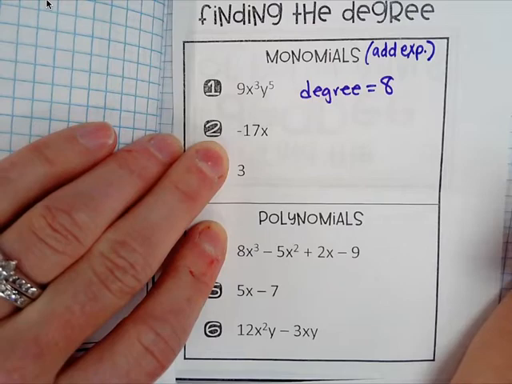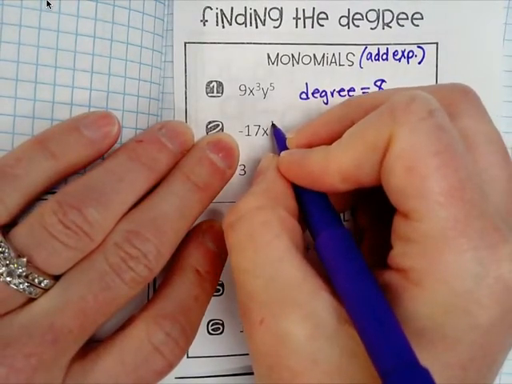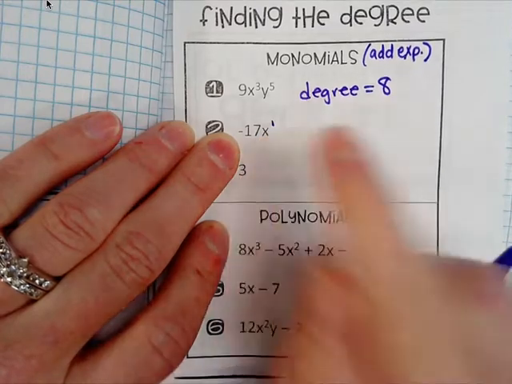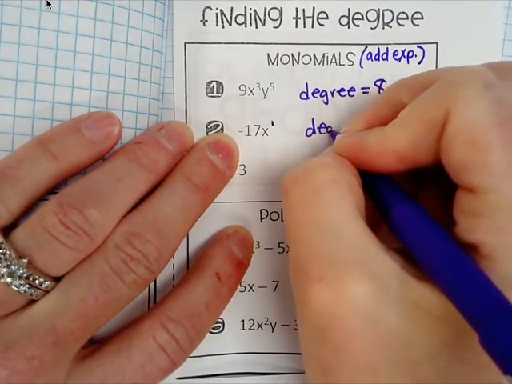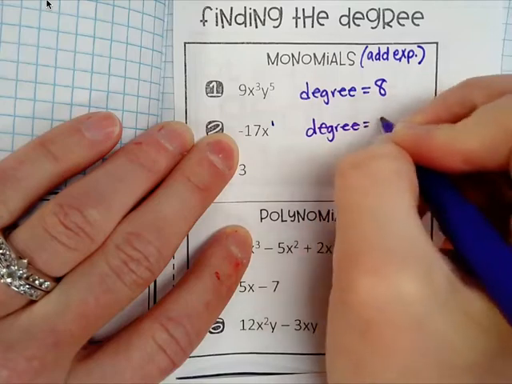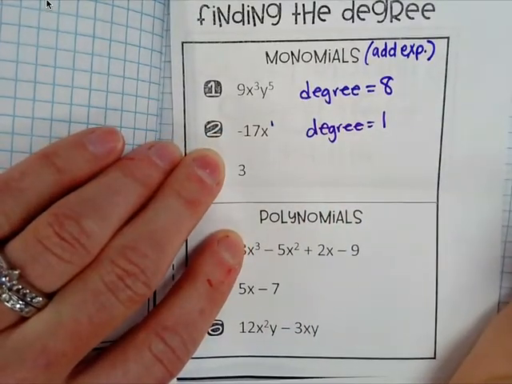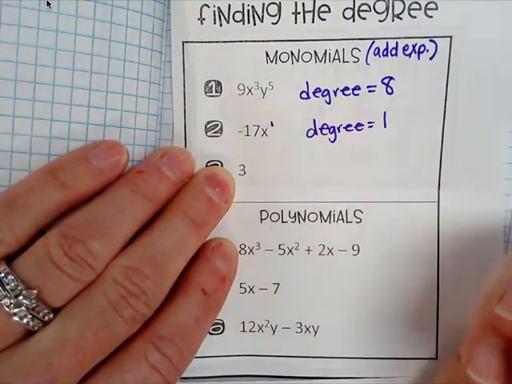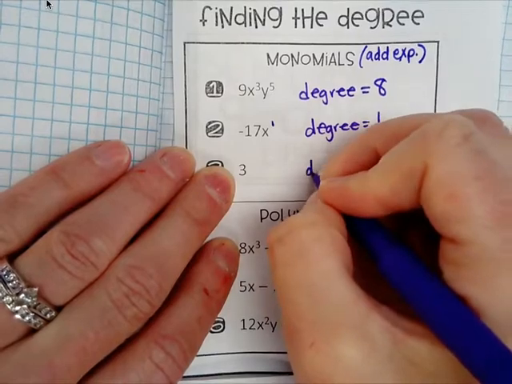The second one, there's only one exponent here, because if there's nothing listed, it's a 1. So this is a degree of 1. This one, there is no variable, so it's a degree of 0.